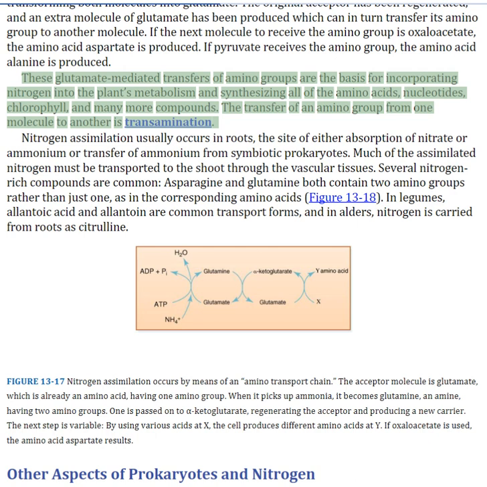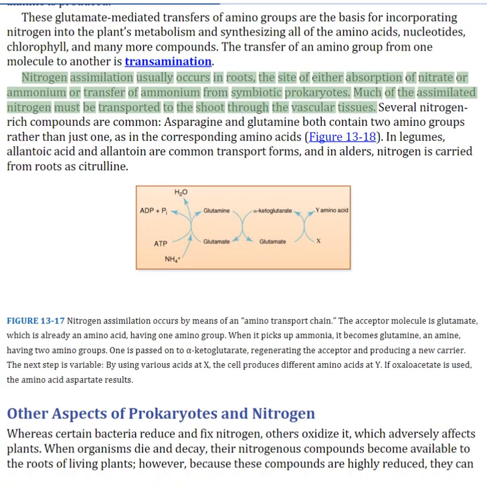The transfer of an amino group from one molecule to another is transamination. Nitrogen assimilation usually occurs in roots, the site of either absorption of nitrate or ammonium or transfer of ammonium from symbiotic prokaryotes. Much of the assimilated nitrogen must be transported to the shoot through the vascular tissues.